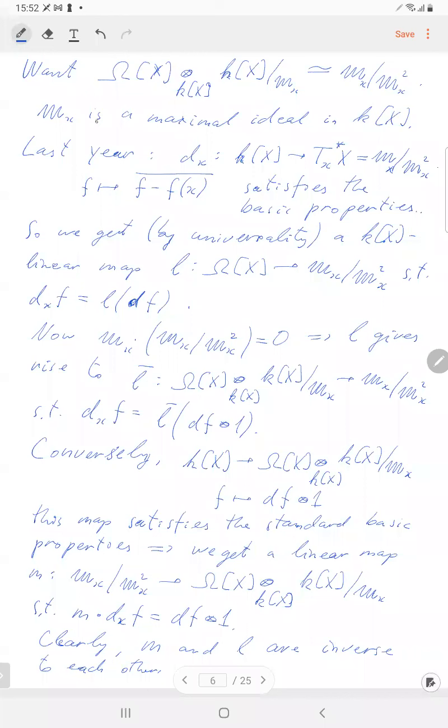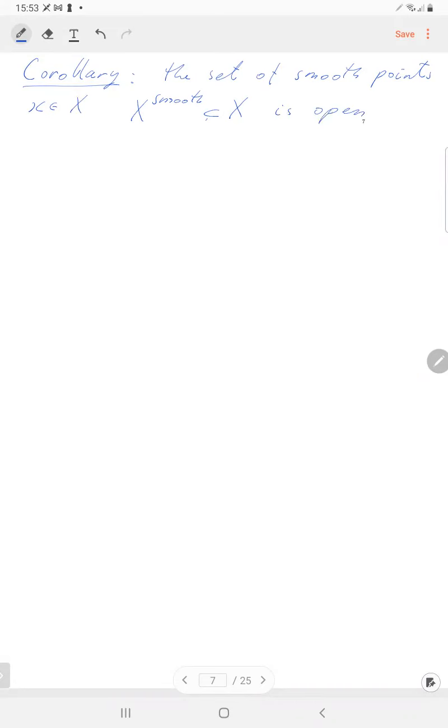Now we're able to prove a nice corollary, namely that the set of smooth points x in X, let's call it X smooth, is open in the Zariski topology and dense.